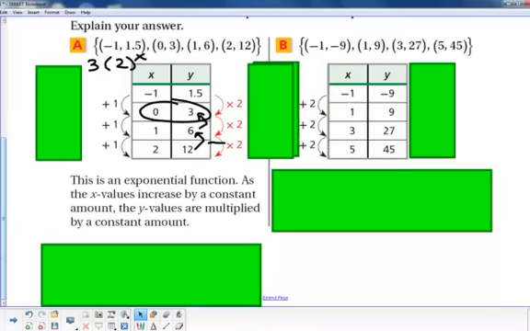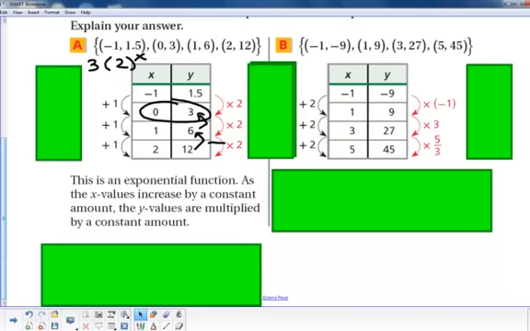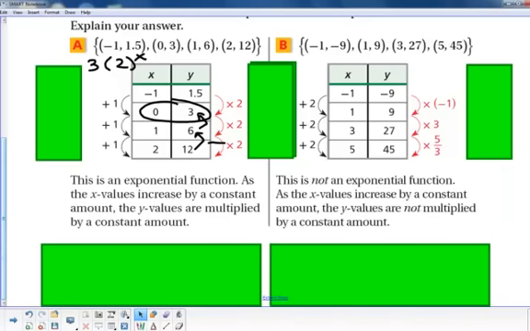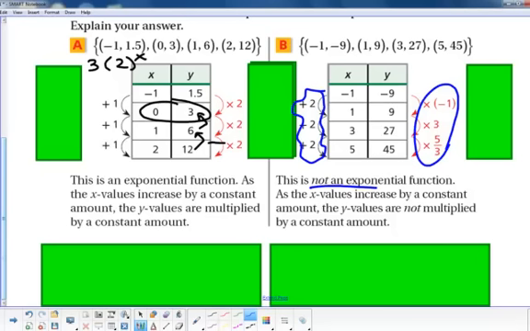Over here, as x is going up by 2, the y is changing not by the same multiple. So this is not exponential because these numbers are not the same. But this is a little tricky, so if you see that 2, you need to be red alerted.